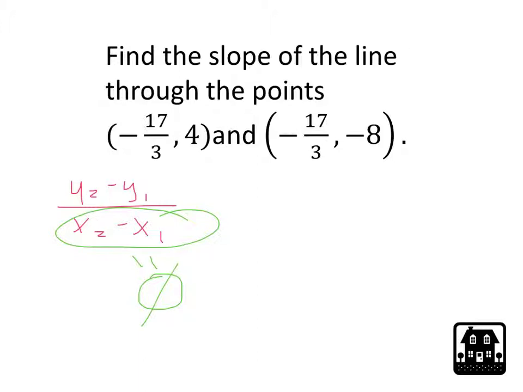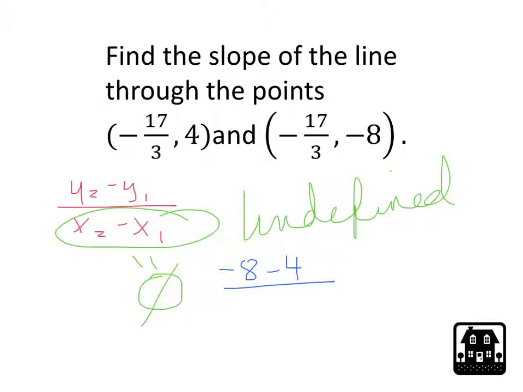And that is just not allowed. You cannot have 0 in the denominator or you'll get an undefined value. So let's go ahead and do it. y2 we'll say is negative 8 minus 4 over negative 17 thirds minus negative 17 thirds.